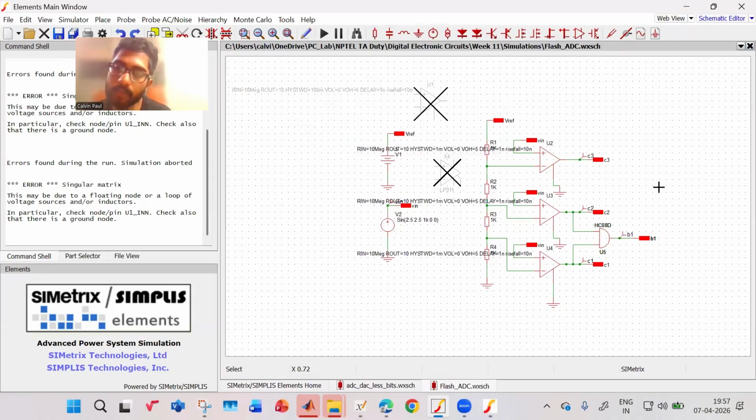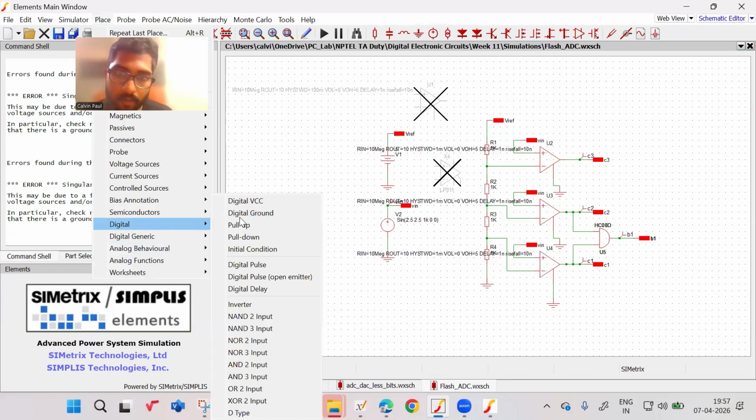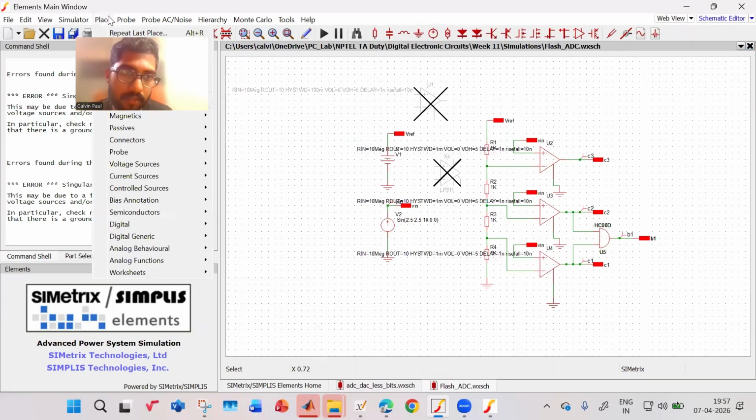Place the probe here. Now you want to find B0. For B0 you need to place an XNOR gate. You can choose an XOR and then follow it with a NOT.